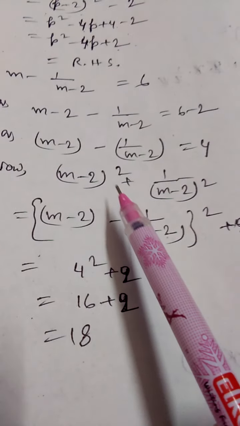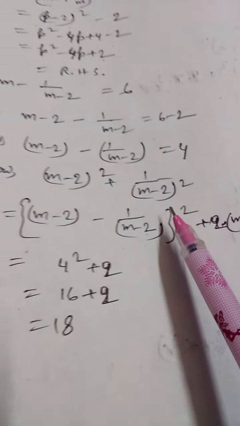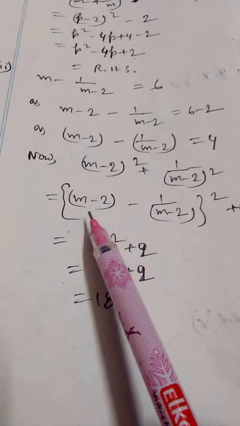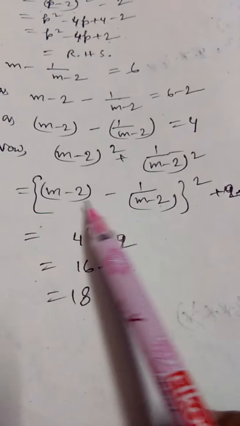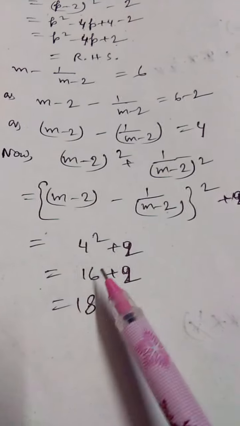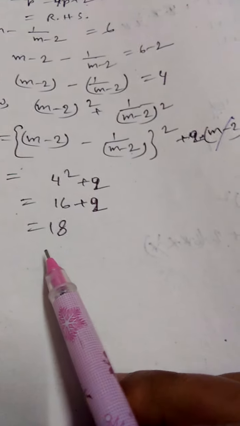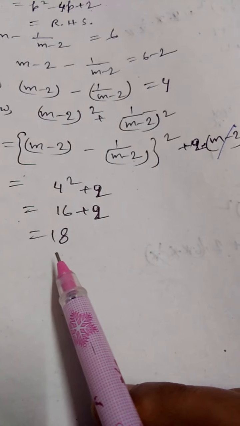Here we substitute a by m minus 2 and b by 1 by (m minus 2). Then the value is 4 square plus 2, since m minus 2 and 1 by (m minus 2) will cancel. This equals 16 plus 2 equal to 18.